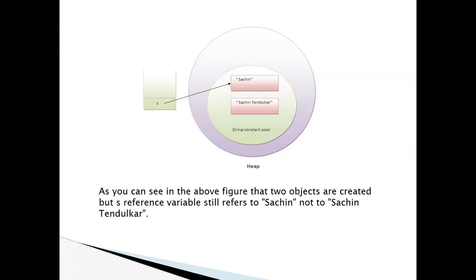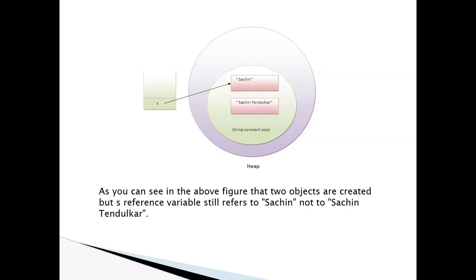For that time we have the concept of string buffer and string builder. String buffer and string builder are both mutable strings, and I will explain that. String is immutable.